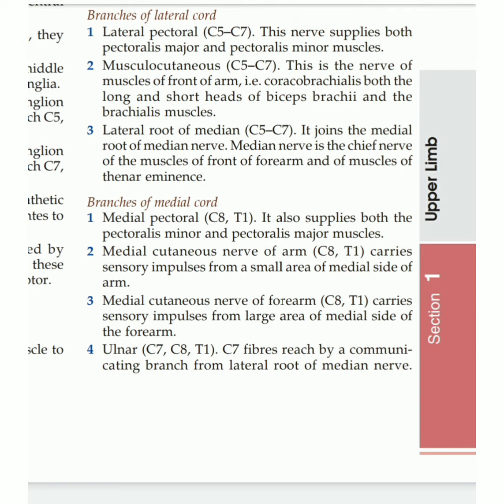Ulnar nerve, C7 C8 T1. C7 fibers reach it by a communicating branch from the lateral root of the median nerve. This is the nerve of 1.5 muscles of the front of the forearm and 15 intrinsic muscles of the palm. 5. Medial root of median nerve, C8 T1. It joins the lateral root and gets distributed with the branches of the median nerve.